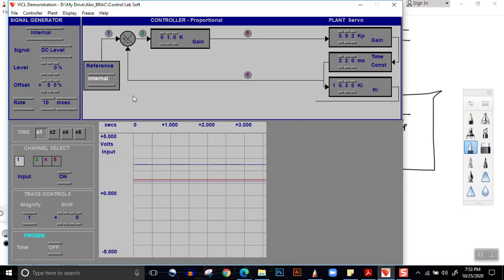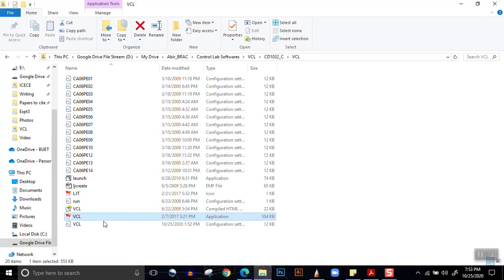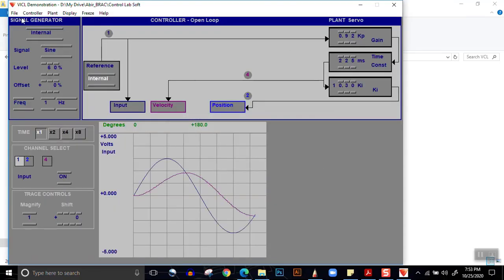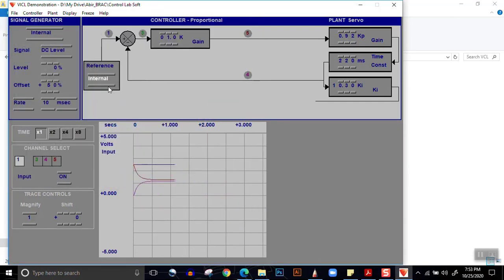You load the setup again. File, load setup. Sometimes it happens that it doesn't work the way we want it to. We load CA06P05 and we freeze it.